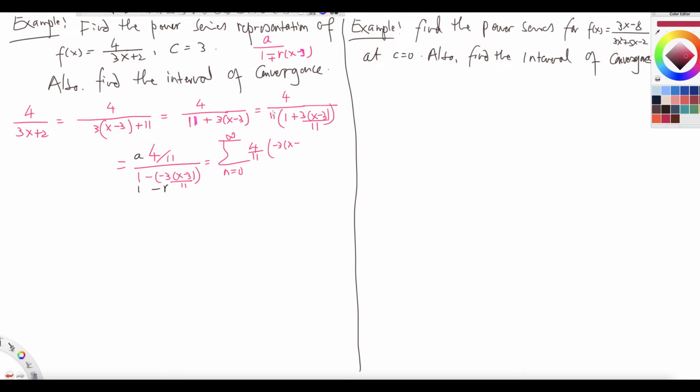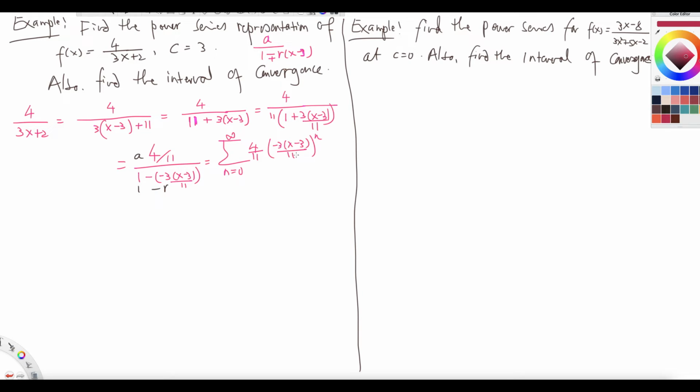Because when I take 11 out, then you should get 1 plus that thing divided by 11, right? When you distribute that, you should get the same thing. And then minus x minus 3 over 11 to the n. That's what you get, right? So that is 4 over 11 and then minus 3x minus 3 over 11 to the n.